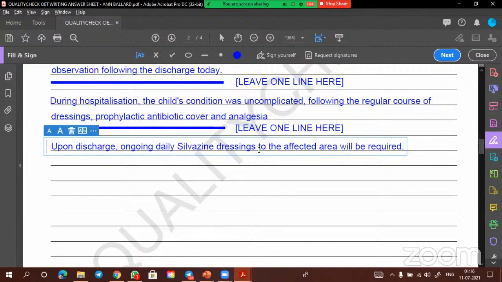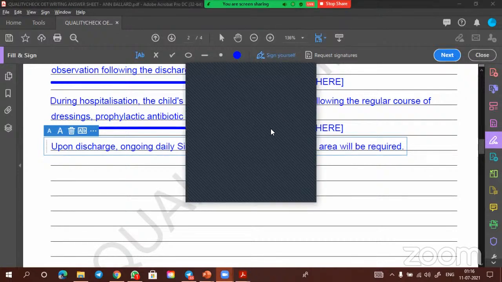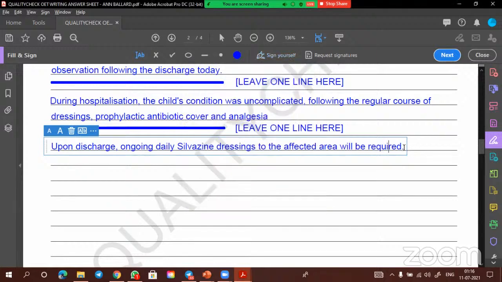Like that also you can write, but this is the best option. Silverzine, yes, should be capital letter. Remember that. Yes, you can write, Satya. You can write, no problem. Right. Upon discharge, ongoing daily Silverzine dressings to the affected area will be required. Okay.